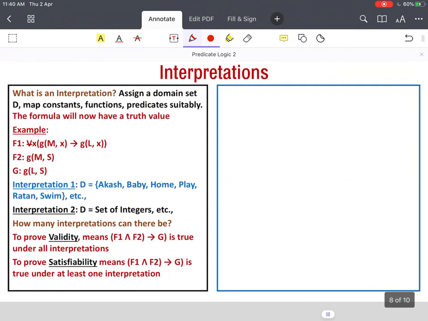So let us now go a little deeper into interpretations and mappings. What is an interpretation? As I just said, we are given a domain D, so we assign the domain.